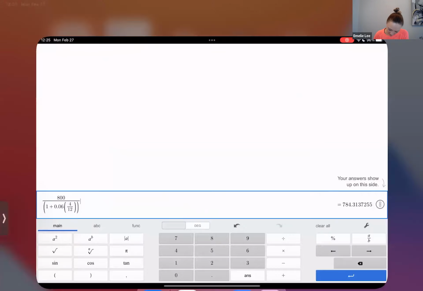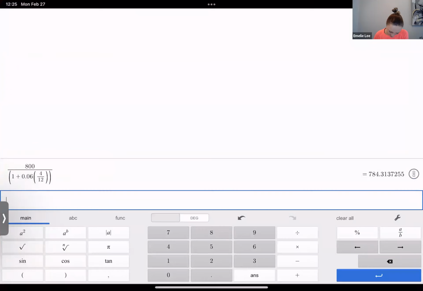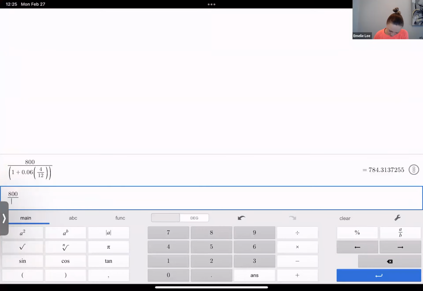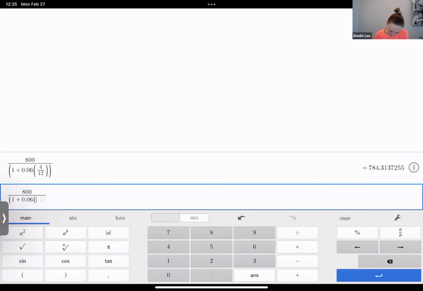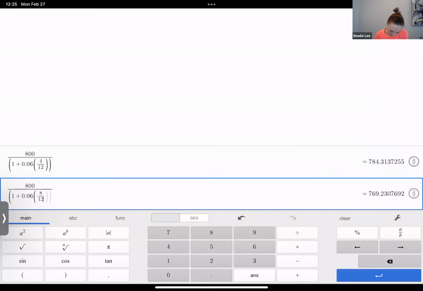So if I add that to my list here, 800 divided by 1 plus 0.06, or maybe I'll do it properly, 0.06 times 8/12. 769.23.